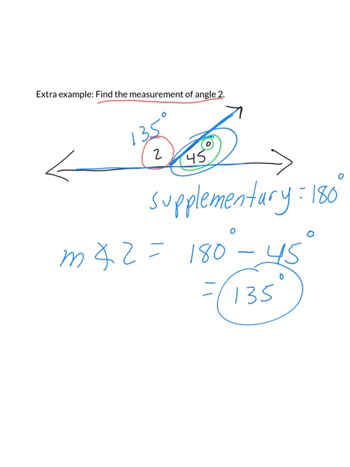And if you're looking for a particular angle and you know the angle beside it, the adjacent angle, you just do 180, the straight line it sits upon, minus its adjacent angle to get that particular angle. So we did 180 minus the 45-degree adjacent angle, and that, boom, gave us the 135 degrees for the measurement of angle 2.